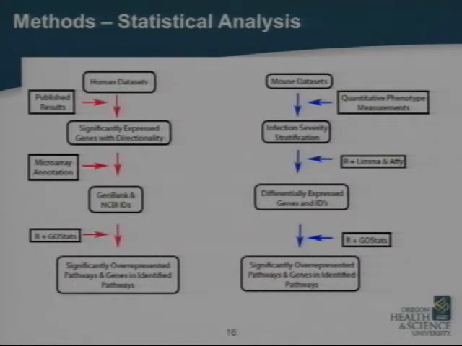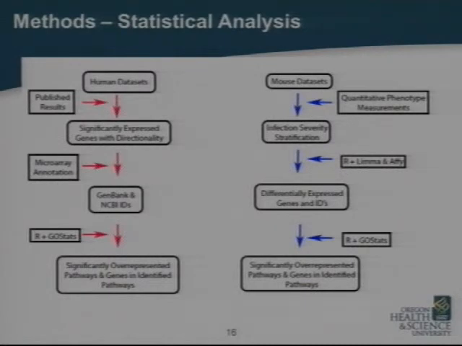Then, pulling in the annotations from the microarray platforms used, I've constructed a consistent table with gene name, directionality of the expression, as well as GenBank and NCBI IDs. That table's then gotten passed to R, and pulling in the GoStats package, I've been able to identify significantly overrepresented pathways, as well as the genes that were responsible for identifying those pathways.